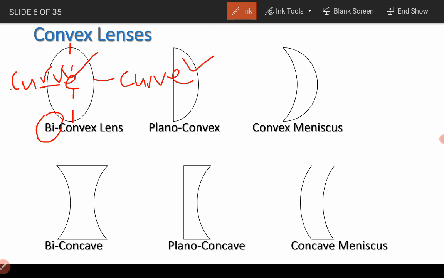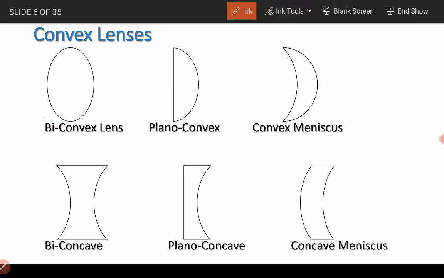Another type of convex lens is called plano-convex. Plano, the first part, is used to mean flat. Plano means flat, from the word plane. Plane is a flat surface.